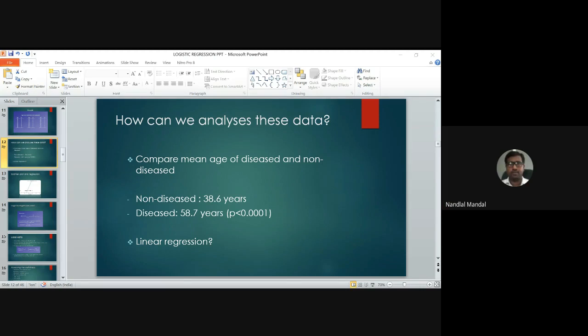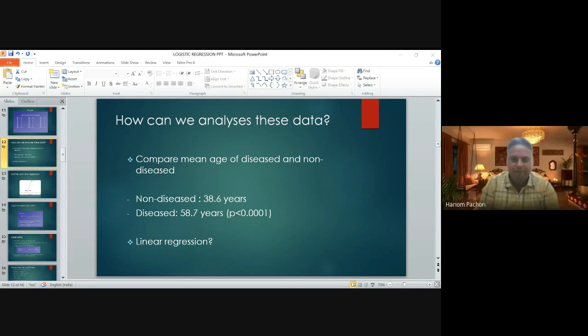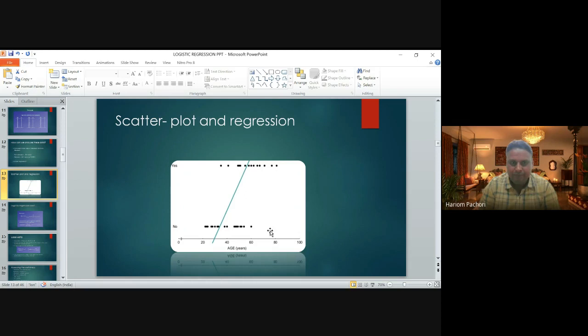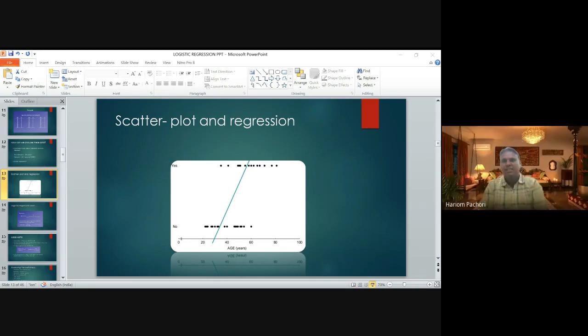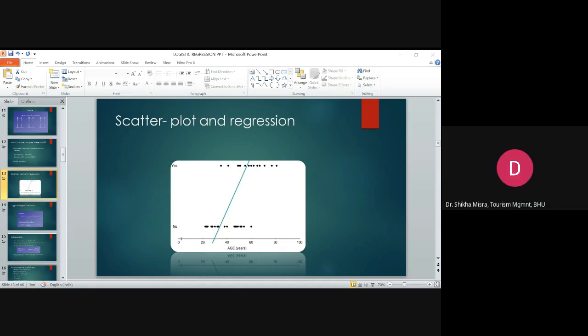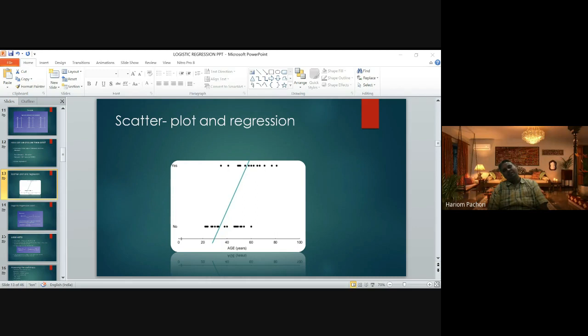Sir, we are not able to see the scatter plot. Unable to see the slide, sir. Now it is visible. Now you can see. Yes, sir. Can you comment whether this scatter plot is showing you any linear relationship? No, sir. So this is not following linearity. Okay.